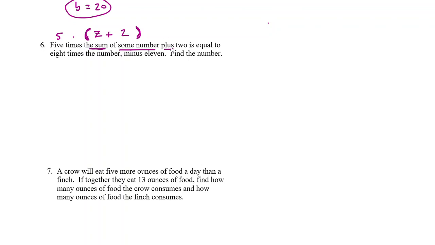Ooh, that was a little bit of a cheat there. It says the sum of some number plus 2, but that plus was a redundancy. We could have said 5 times the sum of a number and 2. We didn't need the plus. That's okay.